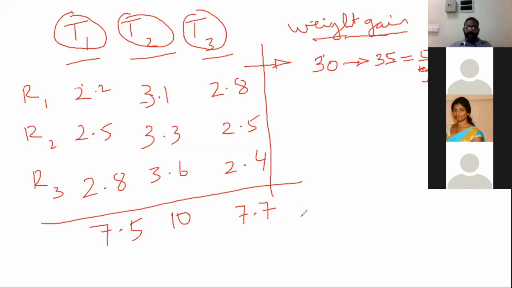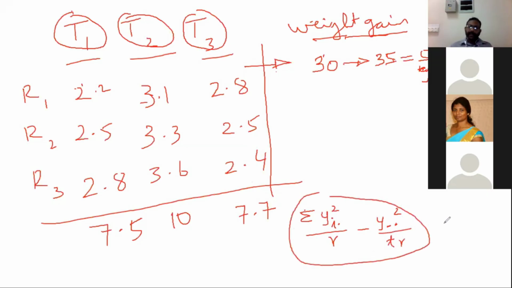So we can calculate treatment sums of square. That is, for example, summation y_i dot square divided by r, minus y dot dot square divided by tr. Don't forget this formula, right? So this is called treatment sums of square.